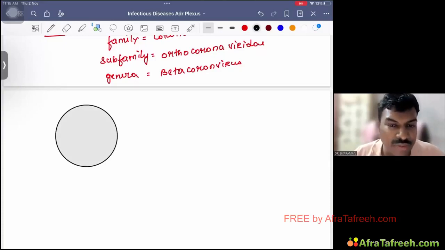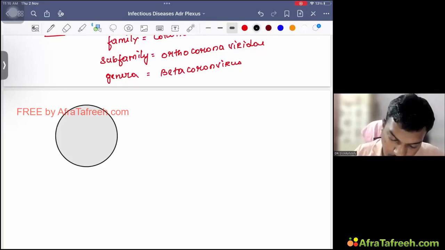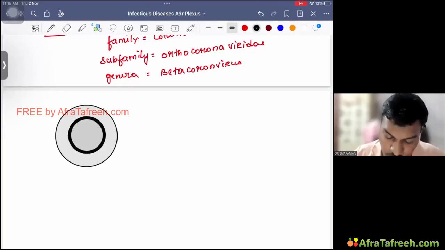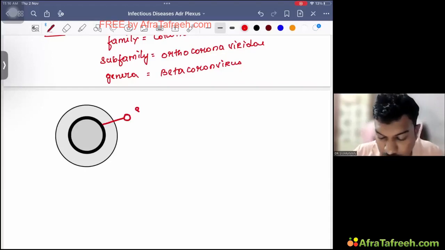This surface protein is one important thing which helps in infection transmission. Here we have a protein which lies like this, and this is called the spike protein.